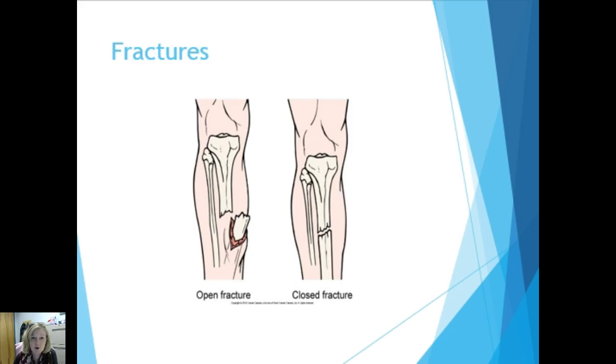Open means that they've opened the skin to get right at the bone to help get it back into line, or a closed reduction is manipulating it without an incision. So another goal is to immobilize to maintain realignment and restoration of normal or near normal function.